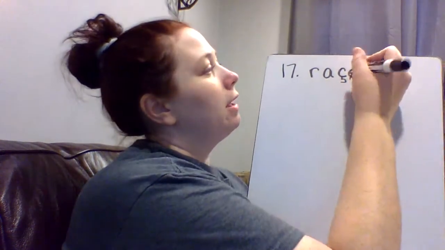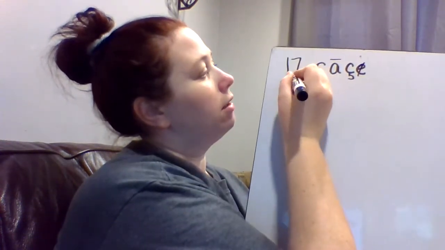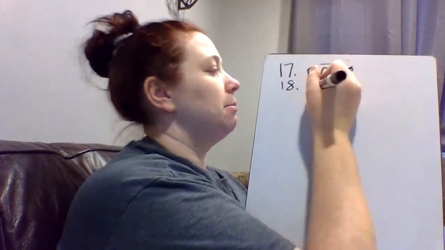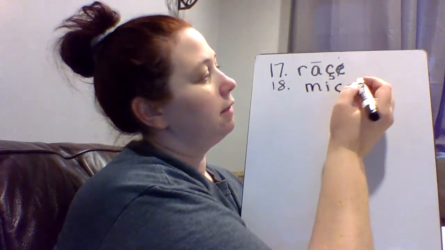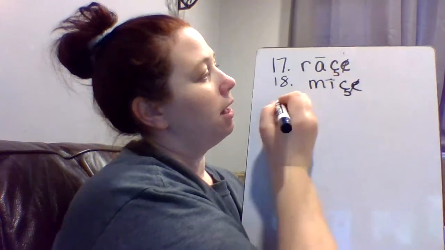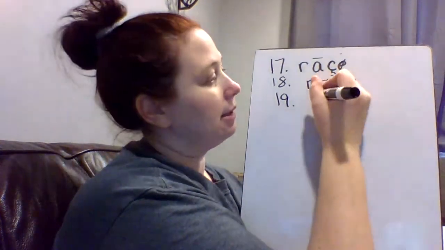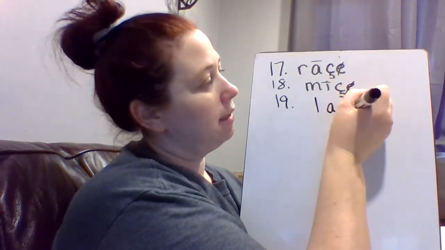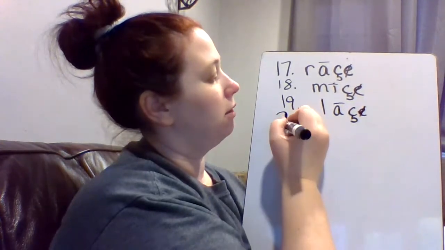We cross off our E because it's actually a consonant E, and then our A gets a macron. Number 18, mice. Same thing. Our C gets its cedilla, cross off our E, and our I gets a macron. Number 19, lace. Same thing. Cross off our E, our A gets a macron.